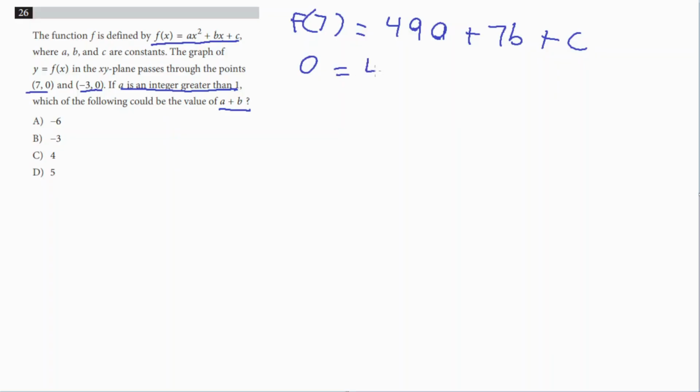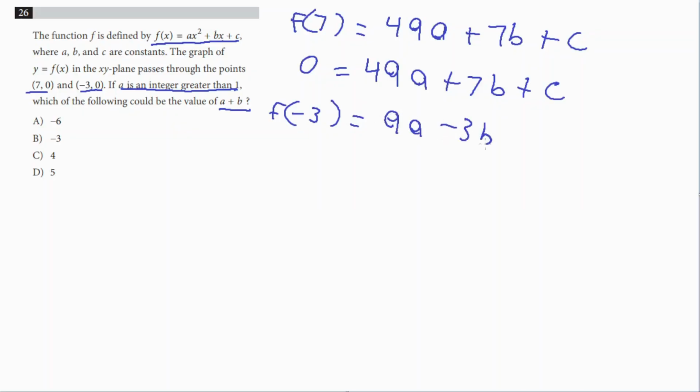So 0 equals 49a plus 7b plus c. And then same thing, let's plug in f of negative 3. When we do that, we'll get 9a minus 3b plus c. The 9 comes from negative 3 squared. When you square a negative, it becomes positive because a negative times a negative is a positive.